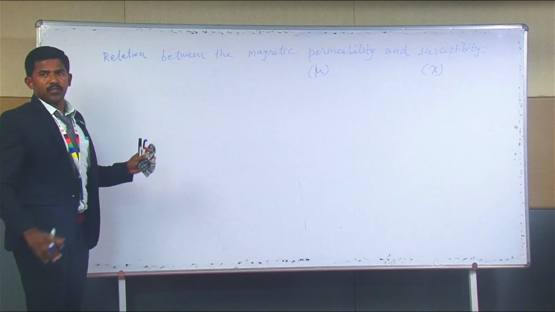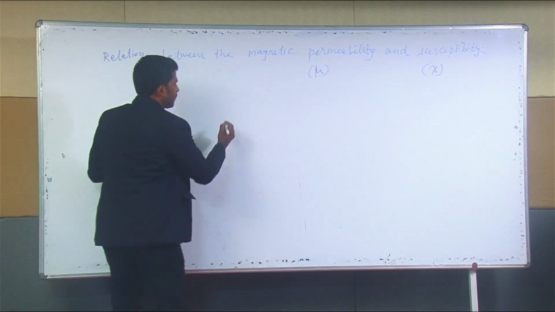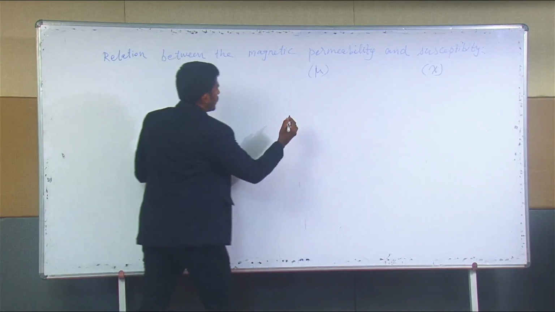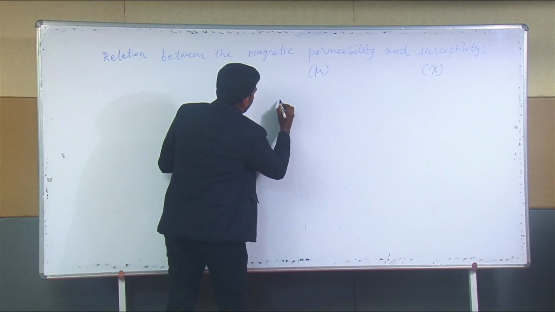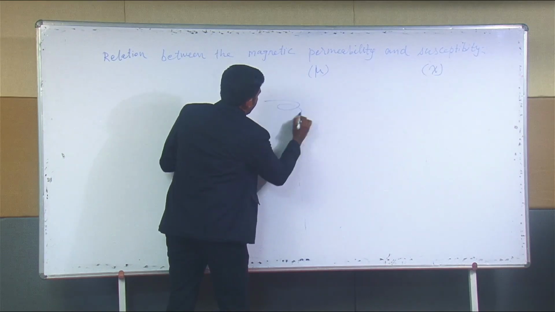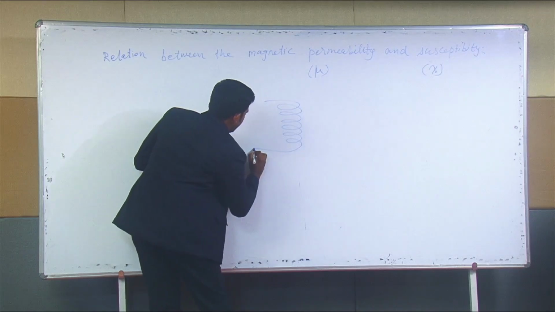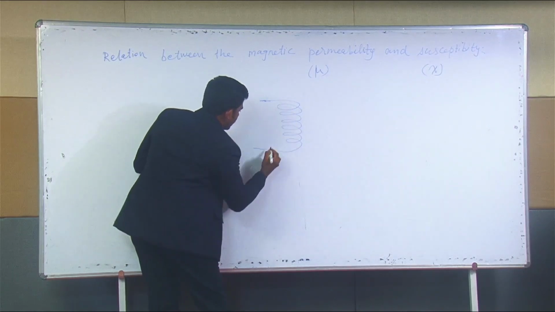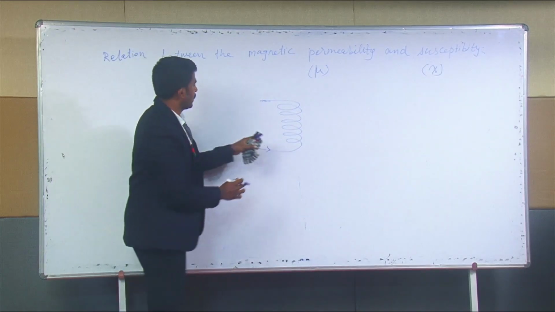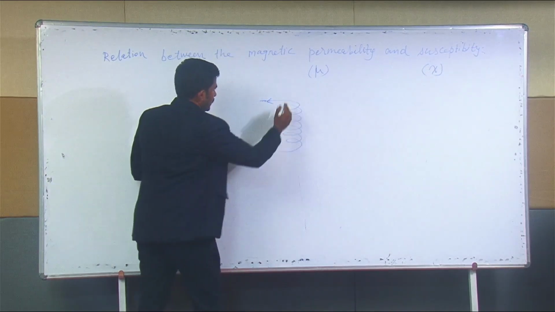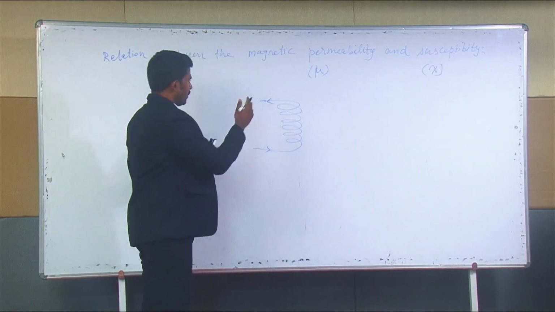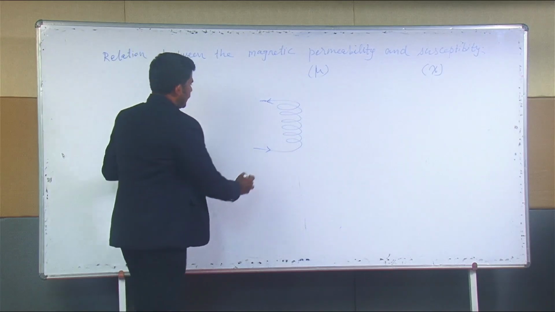Consider a solenoid, for example, an electromagnet. The current goes in here and comes out there. This solenoid is nothing but a copper coil.